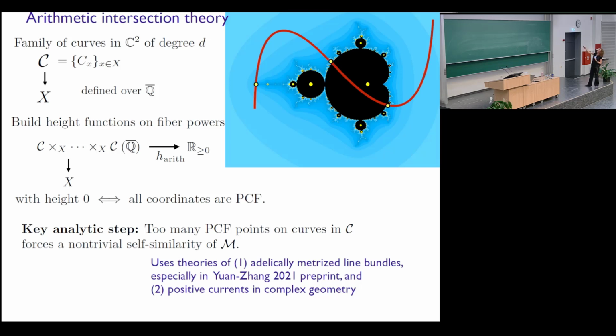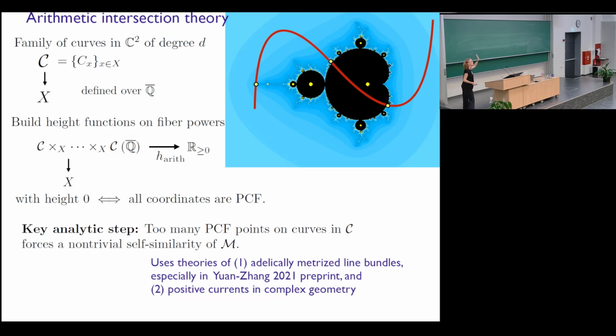So let's say we have a family of curves, and then we start doing some arithmetic geometry. We build a certain line bundle on our big space, on our space of curves, and we want to construct a height function. We want to measure arithmetic complexity of the points.